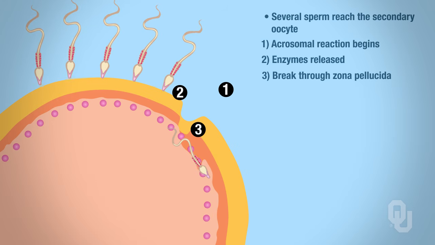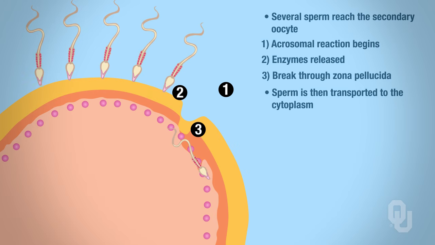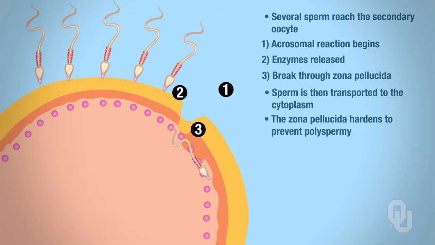That's the one that fertilizes the egg. It has to bind to the receptor, however. Once that happens, the sperm can be transported to the cytoplasm of the oocyte, and the zona pellucida will harden, and that prevents what's called polyspermy. You don't want multiple sperm fertilizing eggs.